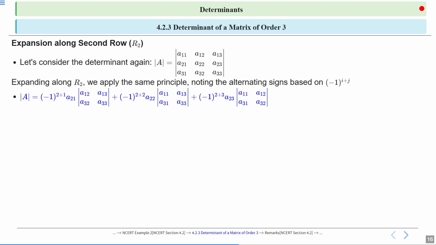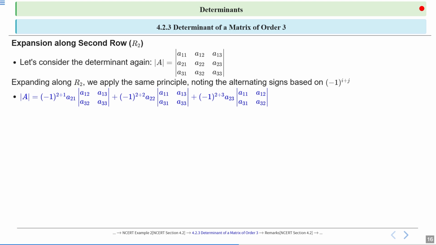The second row starts with A21. So for A21, we get minus 1 the power 2 plus 1, as the value of i is 2 and j is 1. So minus 1 the power 2 plus 1 into A21, then the determinant of the matrix obtained when we cancel the second row and first column. So we get A12, A13, A32 and A33.